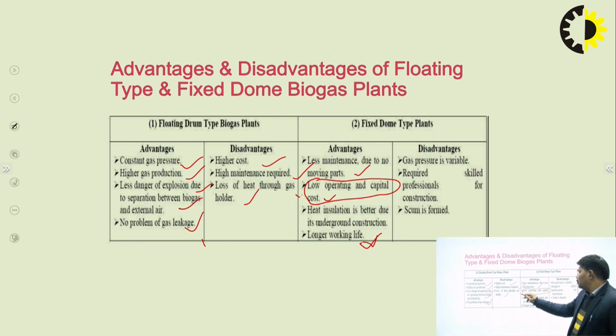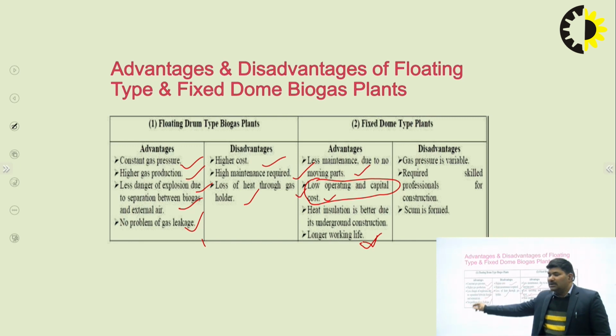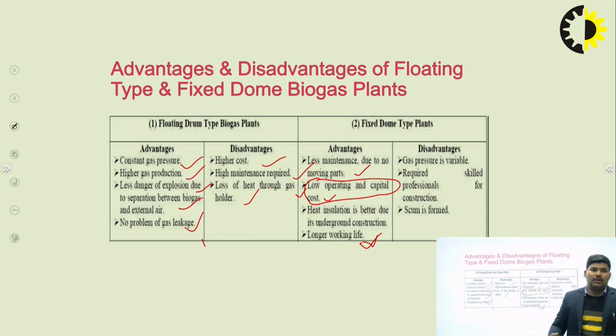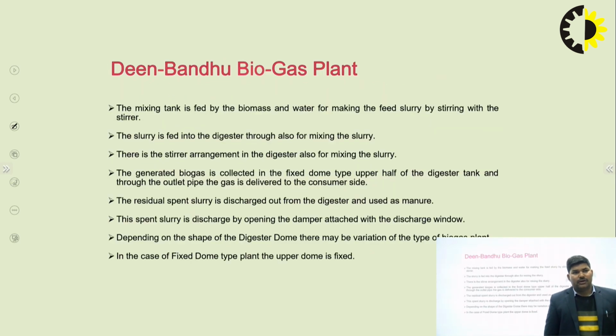In the floating type, the operating cost and the capital cost are very high, gas pressure is variable, and skilled professionals are required for construction. So these are the basic differences between the advantages and disadvantages of the fixed dome type and the floating dome type.